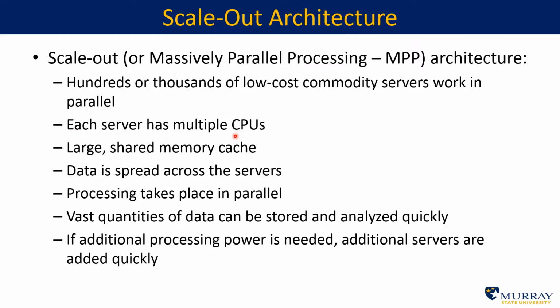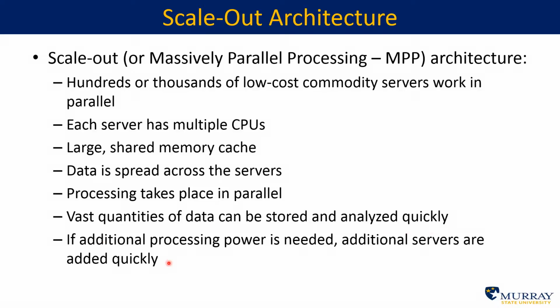Now, each server has multiple CPUs. Sometimes, most of the time, they have large shared memory cache. Data and processing are both spread across those multiple servers, and they are performed in parallel. So this is how massive computing power is created, because you have those low-cost commodity servers working in parallel. So vast quantities of data can be stored and analyzed quickly.